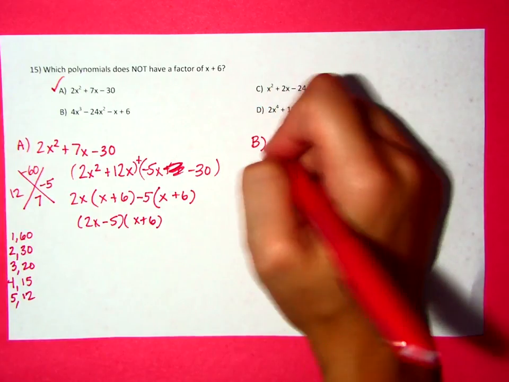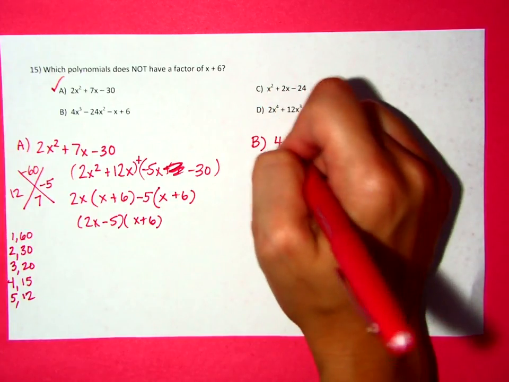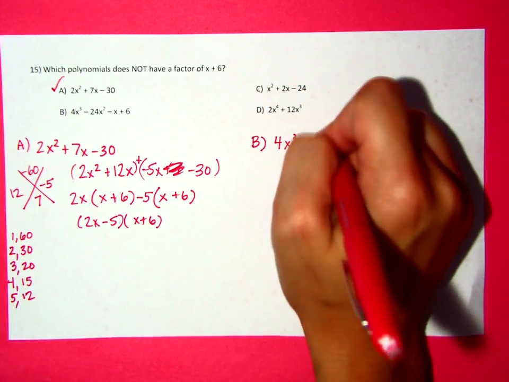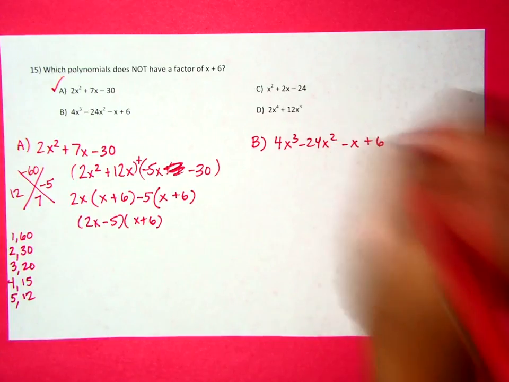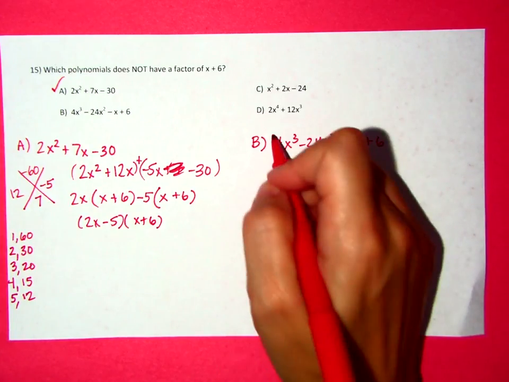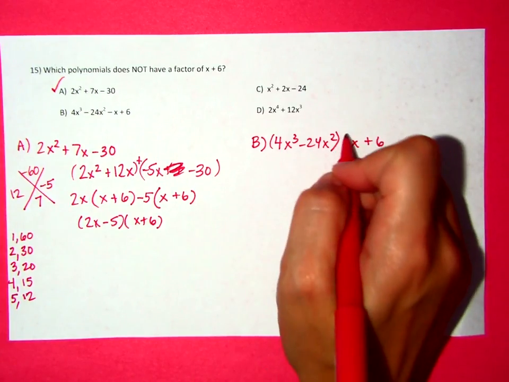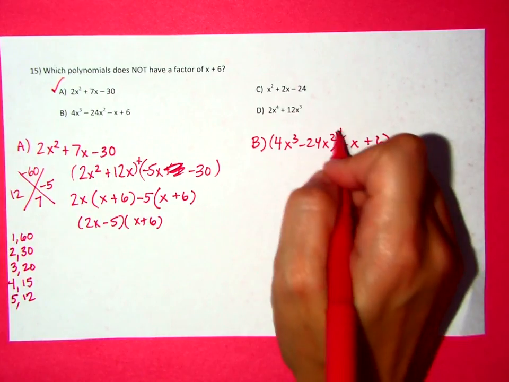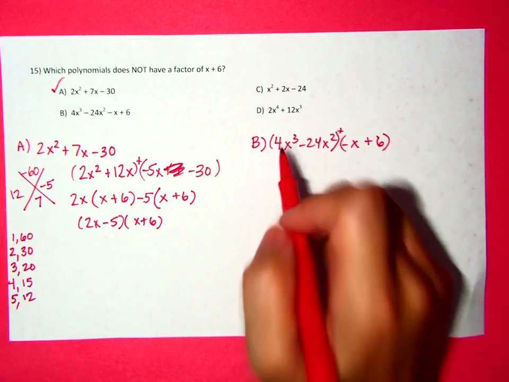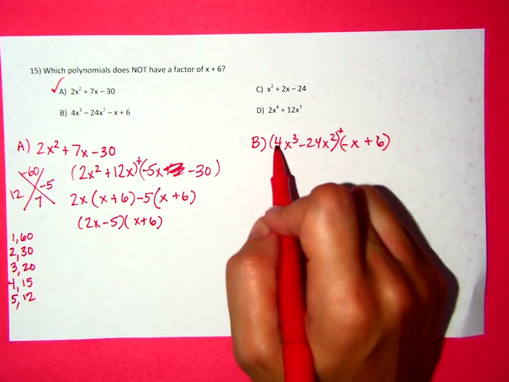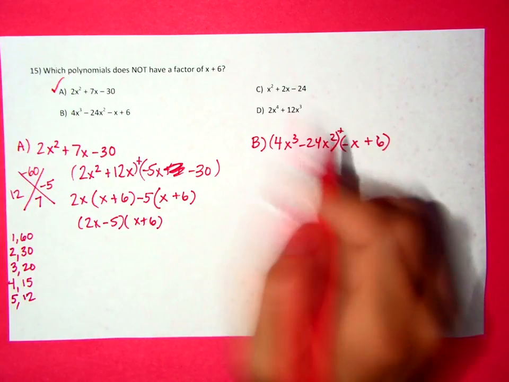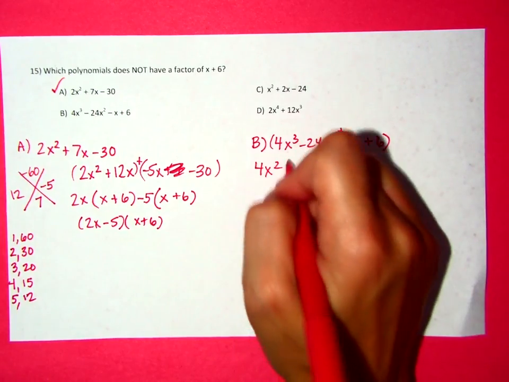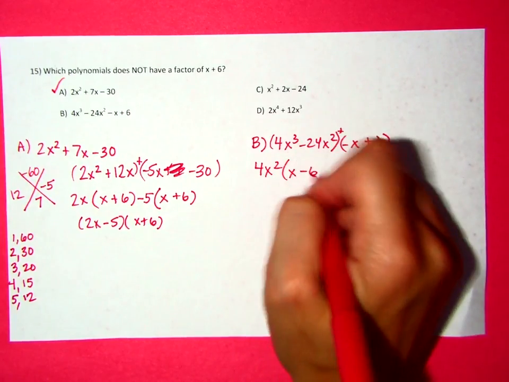In B, we have 4 terms, 4x cubed minus 24x squared minus x plus 6. We're going to go ahead and factor by grouping, so we're going to group the first two, group the second two, and remember we're going to put an addition sign between them. The GCF out of this first group would be a 4 and then an x squared, so 4x squared times x minus 6.